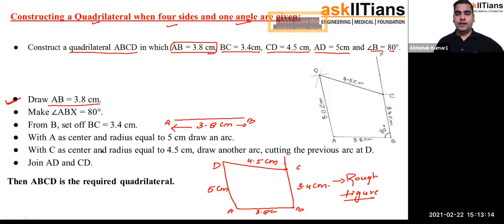Done. After that, what is the value of angle B? Angle B is provided to us, 80 degree. We know 80 degree is an acute angle, and it is 10 degree lesser than 90 degree. And to draw 80 degree, you need to use your protractor, guys. So you have to make angle ABX equals to 80 degree using protractor.